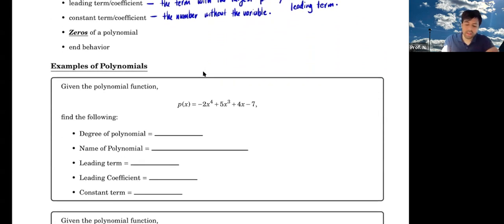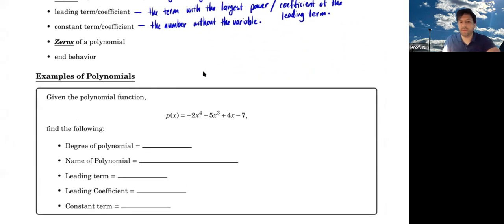So again, we just discussed this. Let's look at an example of a polynomial. As you can tell, p of x is negative 2x to the fourth plus 5x cubed plus 4x minus 7. So we should quickly be able to fill all of these blanks. Why is this a polynomial?